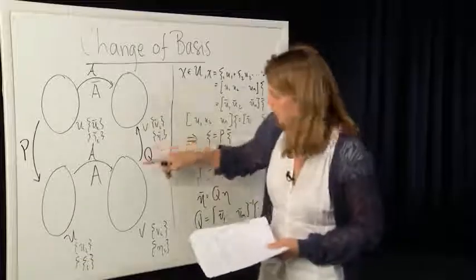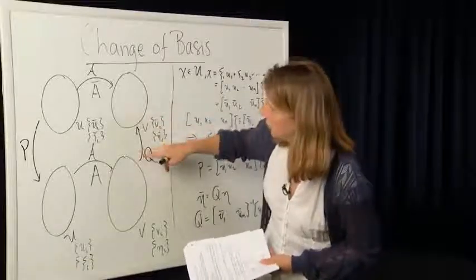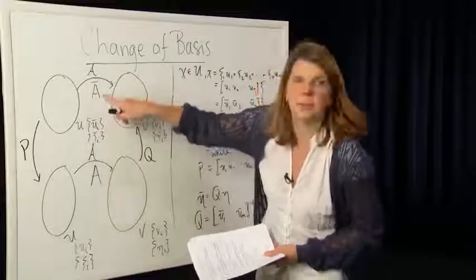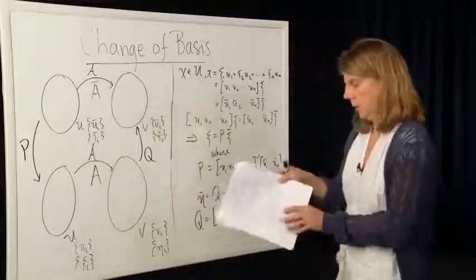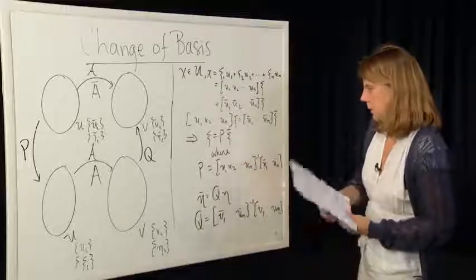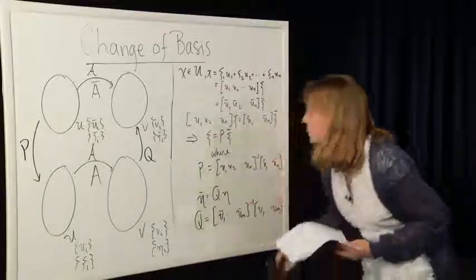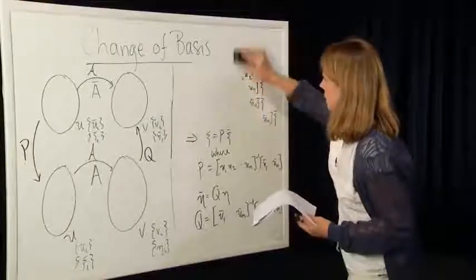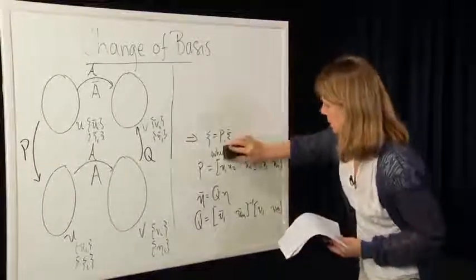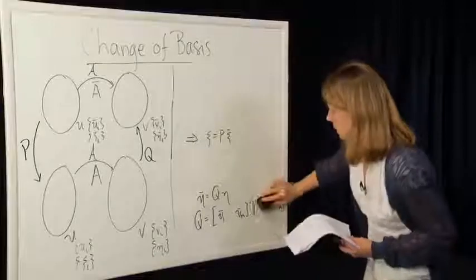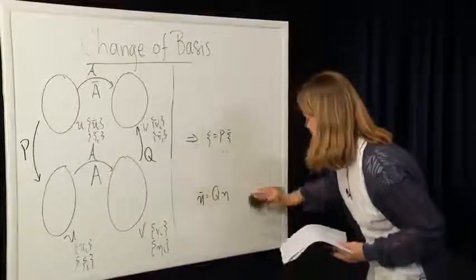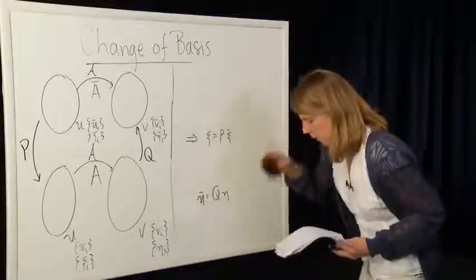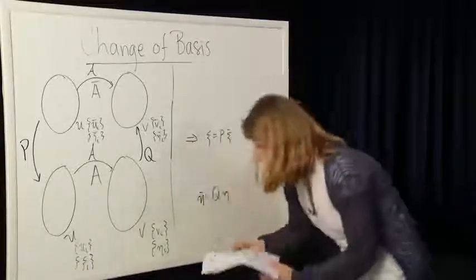Okay, so that gives me basically the rule for transforming between the matrix representation A and the matrix representation A bar. So if I look at these equations here, let's just pull out the ones we need. So I have the relationship between the corresponding coordinates for two different bases.